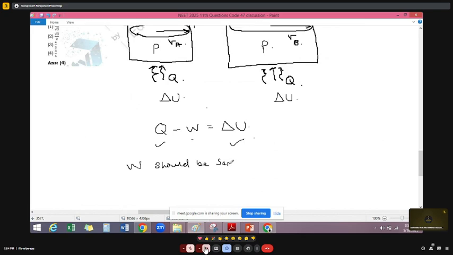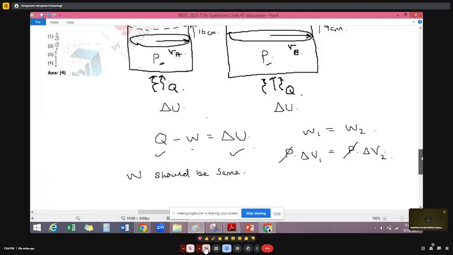So that's the first clue you should take. That means work done in the first case is equal to work done in the second case. What is the work done in the first case? Pressure into delta V. Pressure into delta V. They said pressure is also same.